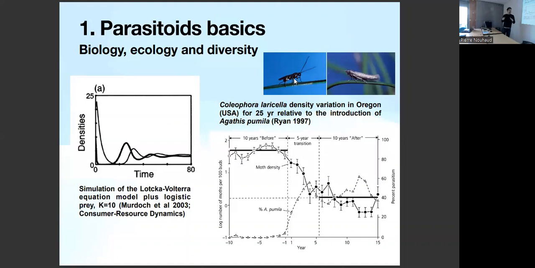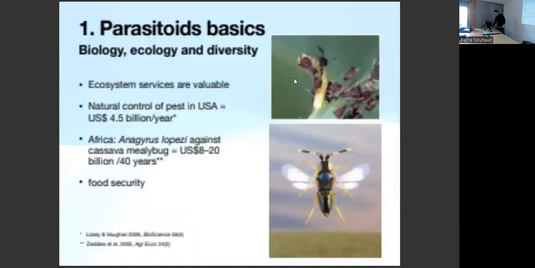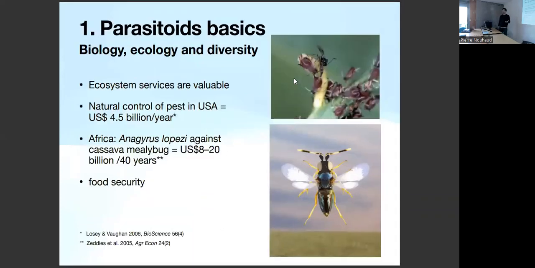So this is something that we observe in experiments in nature, when you introduce a parasitoid species in a different place, and you can see the same trends that you see in these consumer resource dynamic models. So of course this is really interesting in terms of ecology, but it's also interesting in terms of economy.